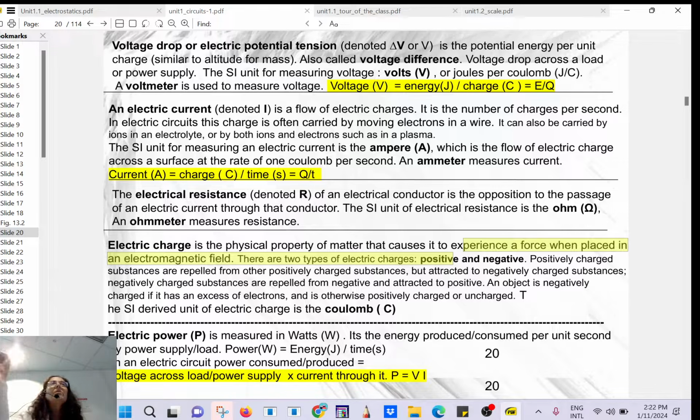How many of those little marbles marked 1 coulomb are burnt out every second by the power supply? So you see, it's the charge in coulombs divided by the time in seconds. So it has to be seconds. The equation will be: current, notation capital I, equals Q over T. Is that clear?